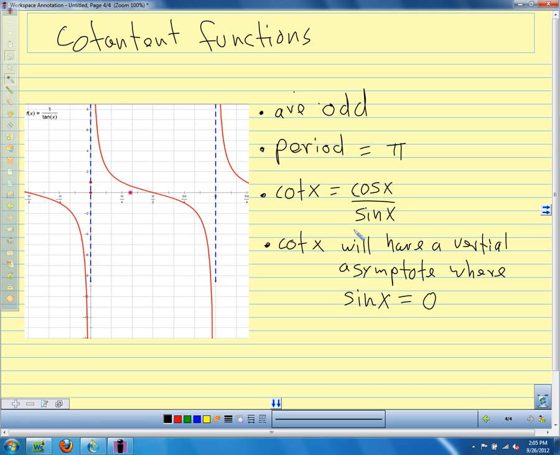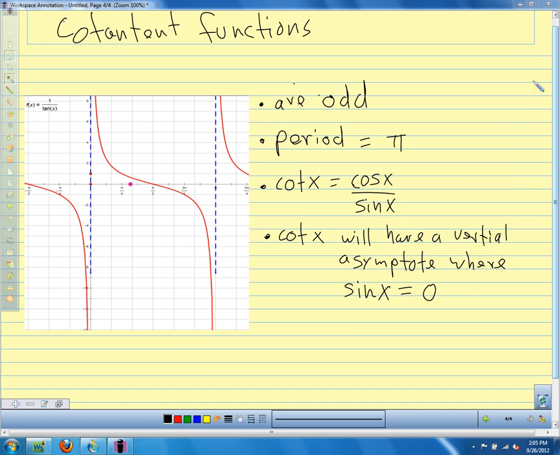When the sine of our number is 0, we're dividing by 0, and we get an undefined quantity. And so sine is 0 at x equals any integer multiple of pi.